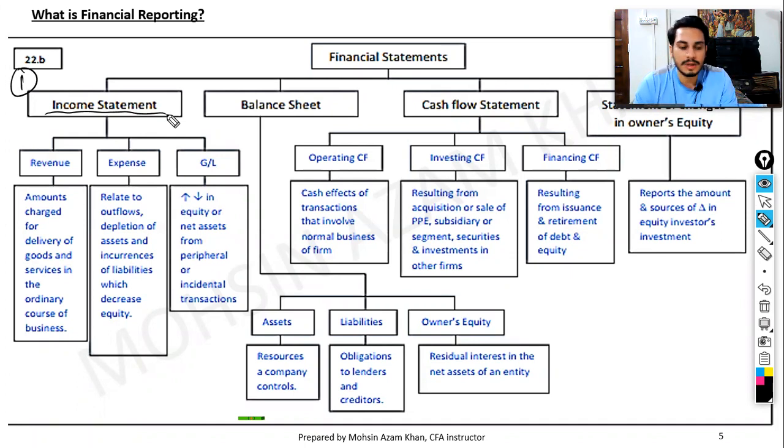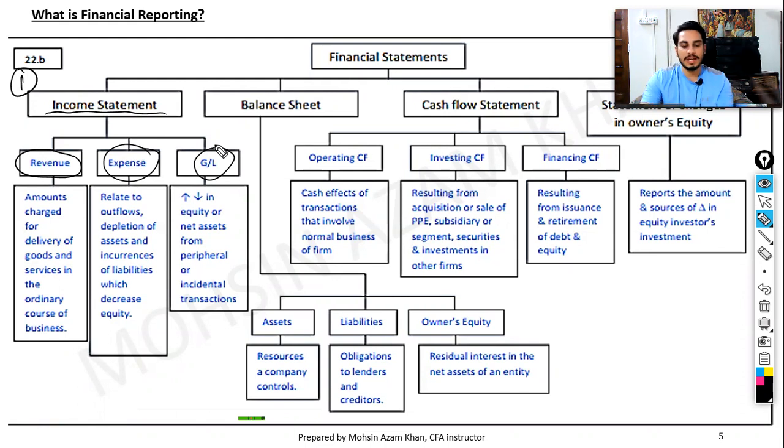Basically, companies show how much revenue they have earned by their normal course of business, and in order to earn that revenue, how many expenses they incurred. And along with these operations, what gains and losses they had to go through. All these three things come into the income statement.